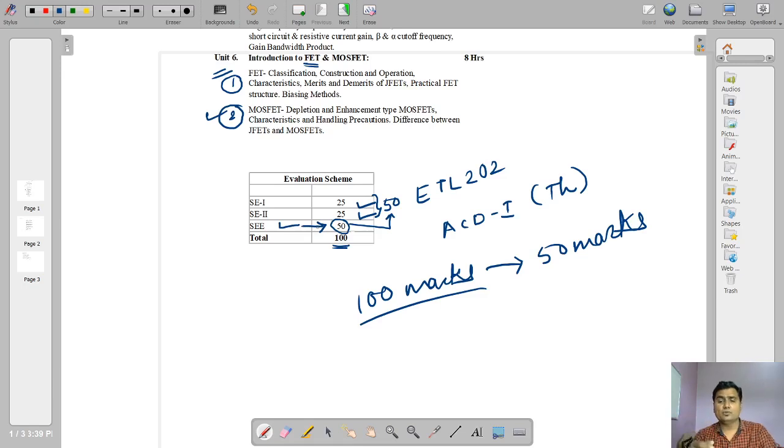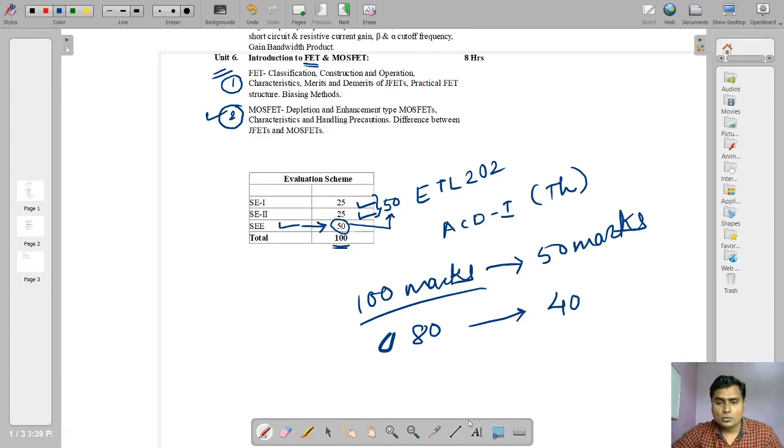For example, if you got 80 marks out of 100, then after conversion it becomes 40, just divided by 2. And this is the evaluation scheme for ACD1.